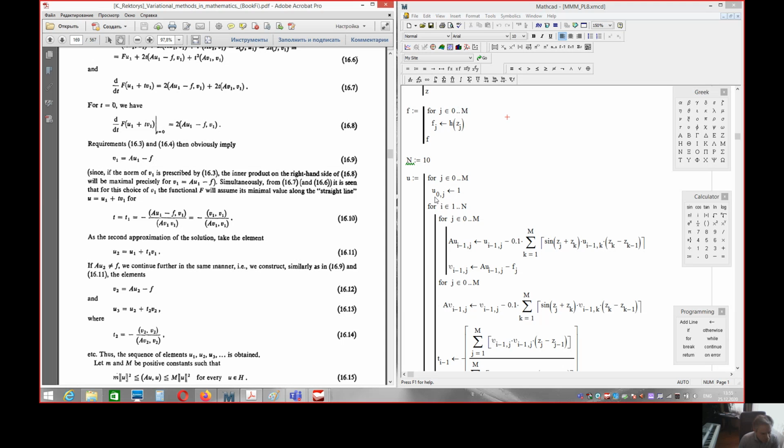So first of all, let's put the first approximation equal to unity.